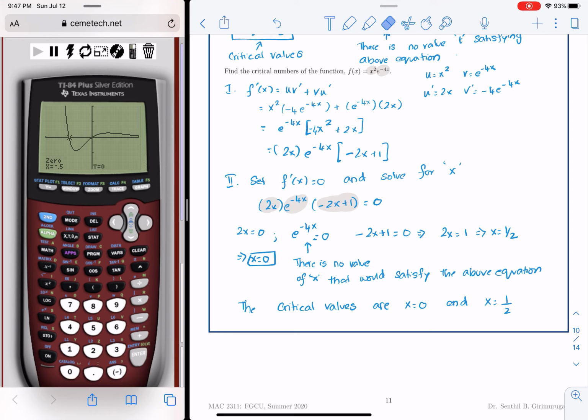It just can't be. Did I type something wrong here? It's 2x. Aha! That should be negative. Second insert. Negative 2x plus 1. Okay.